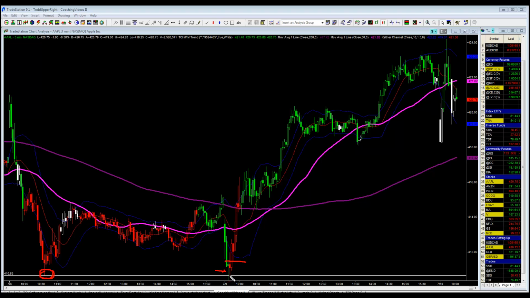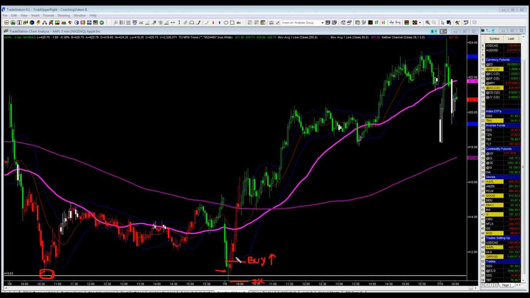It went down through it, so I'm buying as it takes out the high of that 3-minute bar with an initial catastrophe stop loss directly below the low of that bar. Obviously, that initial stop loss is placed after you get filled with the buy order.